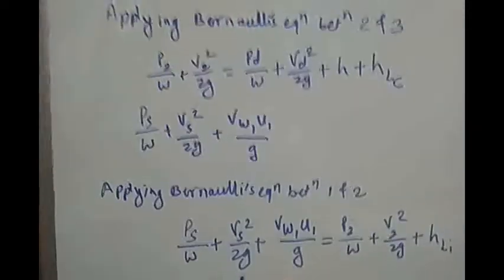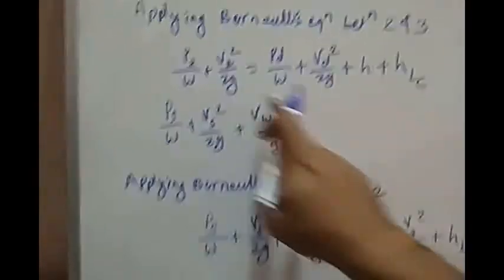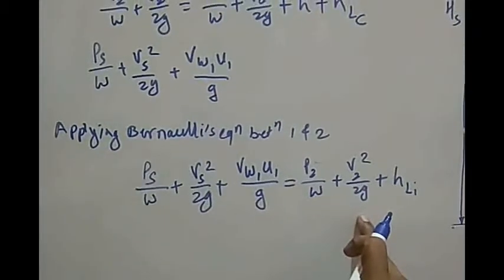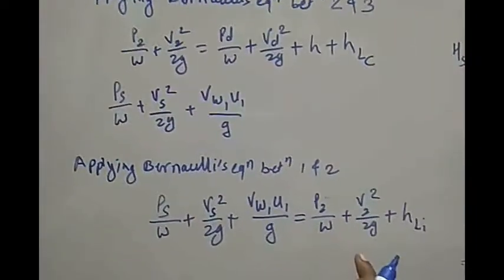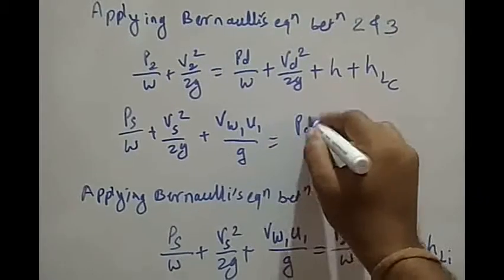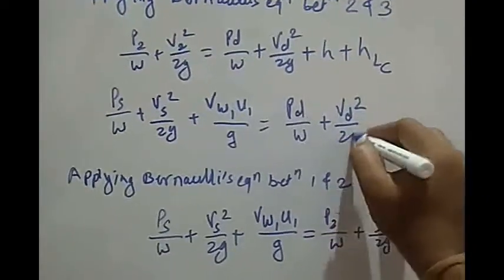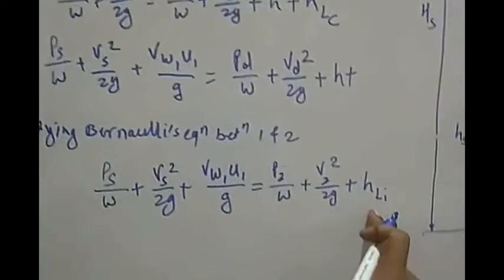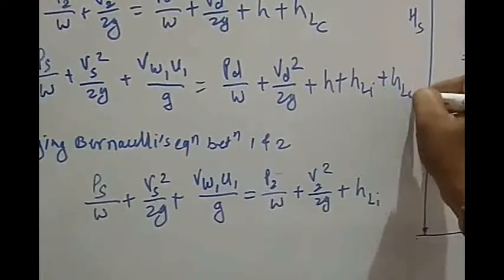Now P2 by w and V2 square by 2g is on the left hand side over here, and P2 by w plus V2 square by 2g is on the right hand side, so both of these will cancel each other. I'll be getting the right hand side as Pd by w plus Vd square by 2g plus h plus HLI plus HLC.